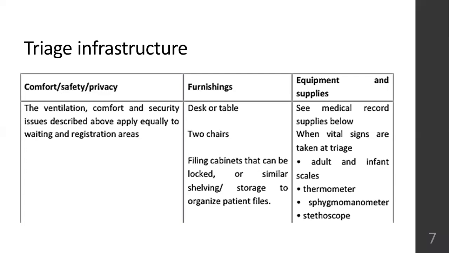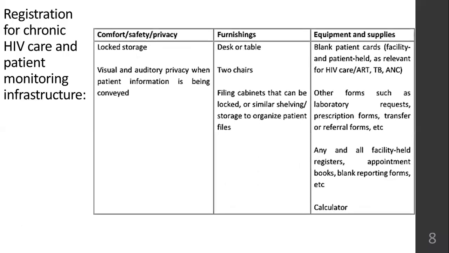Other equipment like thermometer, weighing scales, BP machine, sphygmomanometer, and stethoscope. These items also should be stored properly. Patient cards, which have patients' details and everything, should be kept in locked storage.